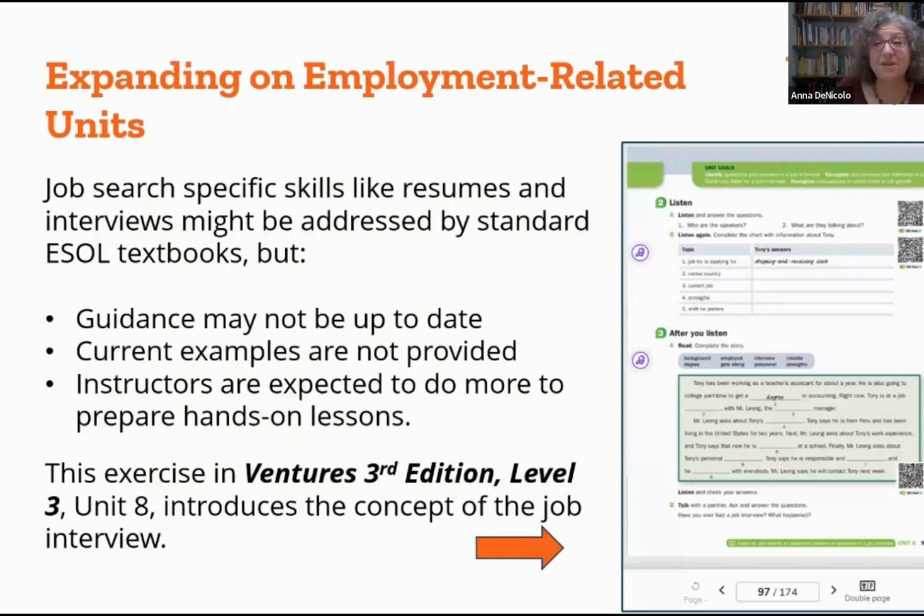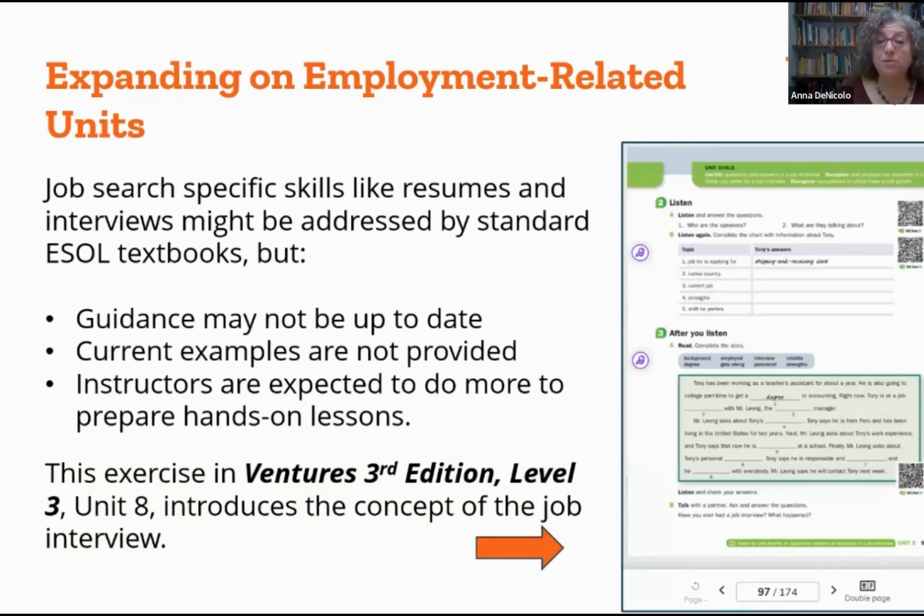It makes sense because, of course, these are ESOL textbooks. They are not job search textbooks. But I did find, for example, that one teacher's manual suggested that instructors ask their learners to look up phone numbers in a phone book, which, of course, I haven't seen in a long time.